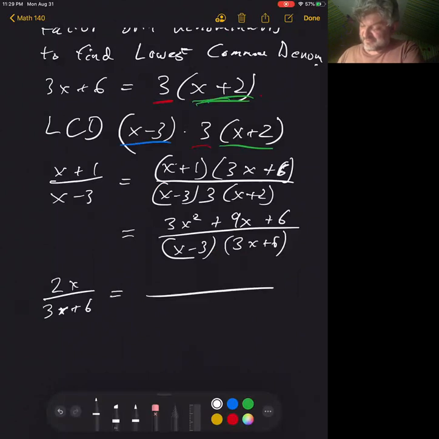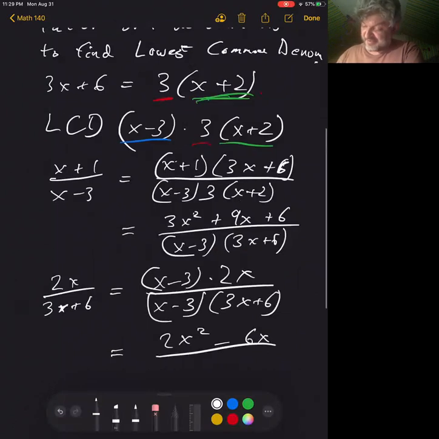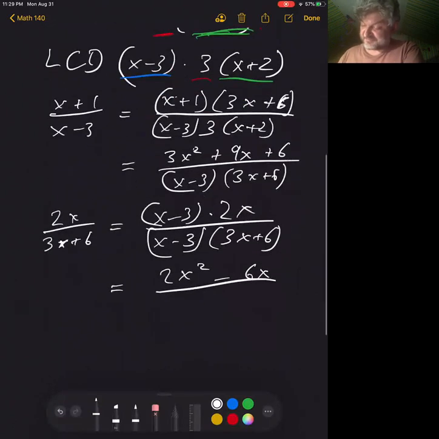That's going to be x minus 3 times 3x plus 6. And the top is x minus 3 times 2x. Simplify that, expand it out, and you get 2x squared minus 6x divided by that same denominator.